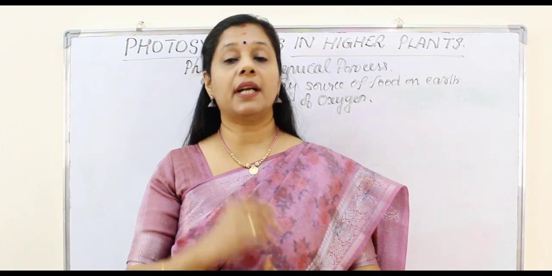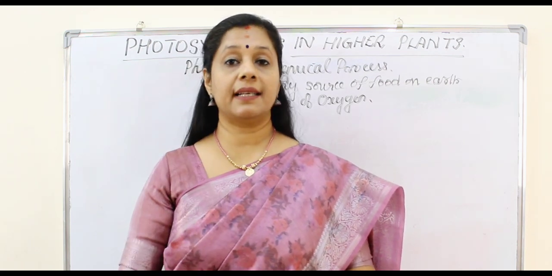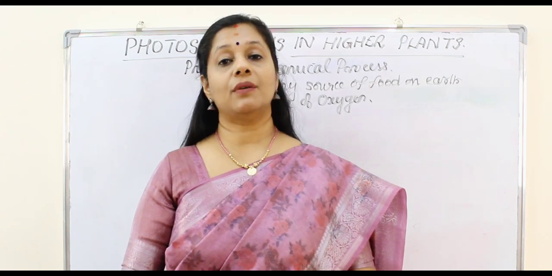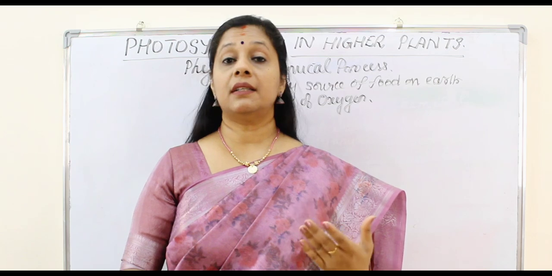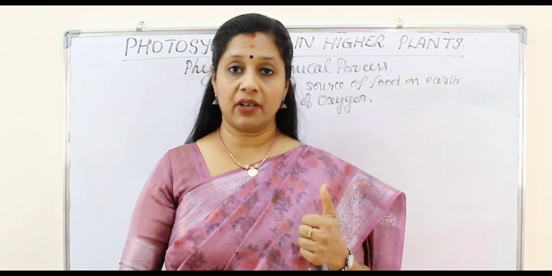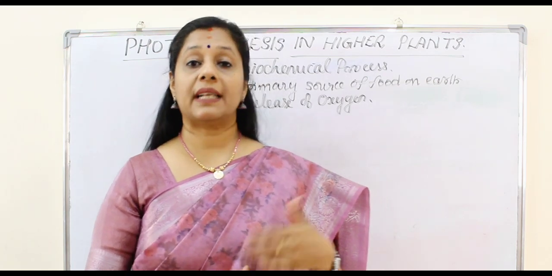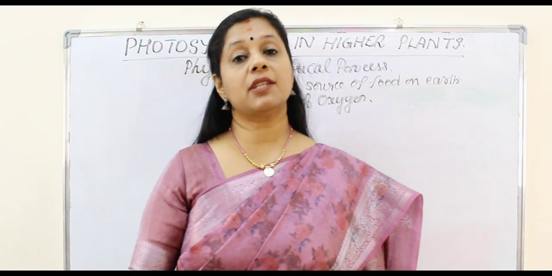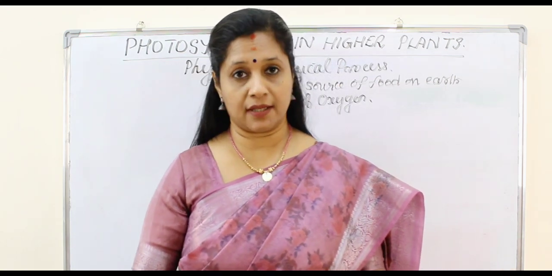And two more conditions are required. One, a pigment to capture the sunlight, that is chlorophyll, and also sunlight, which is the source of energy. We learned that these four things are needed for the plants for photosynthesis, that is carbon dioxide, water, sunlight and chlorophyll.